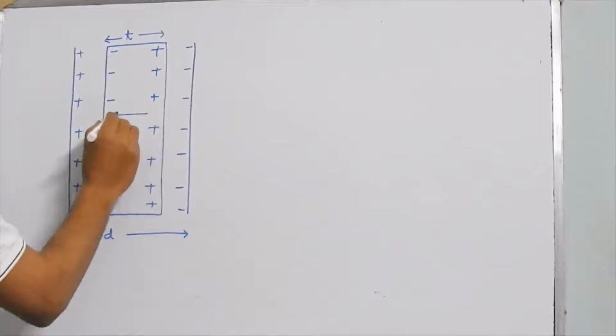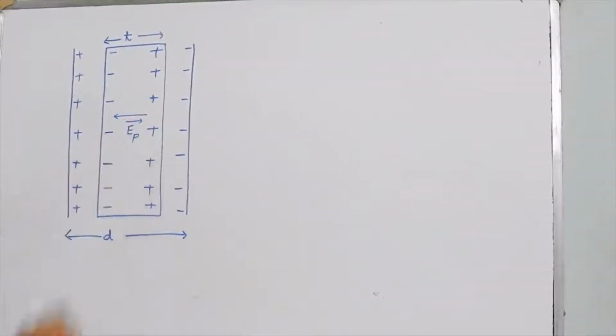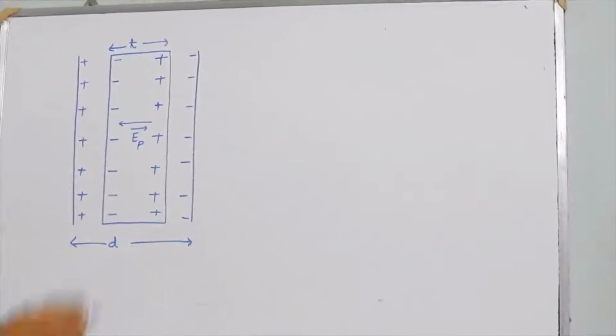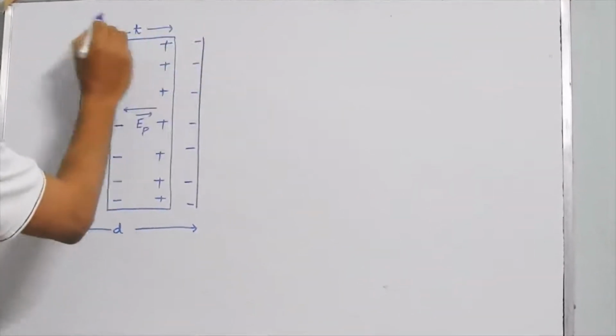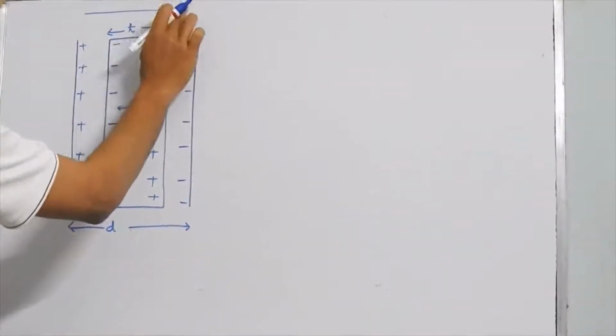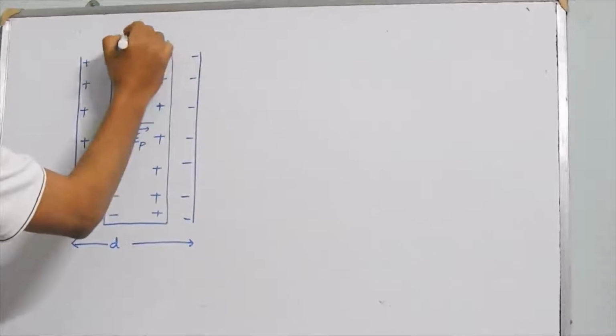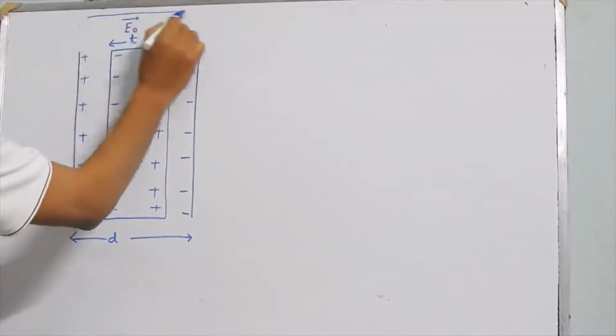And this field is the polarization field, the polarizing field, EP vector, and the original field was, suppose, from the positive to the negative plate in this direction, and this is E0 vector, along this direction.